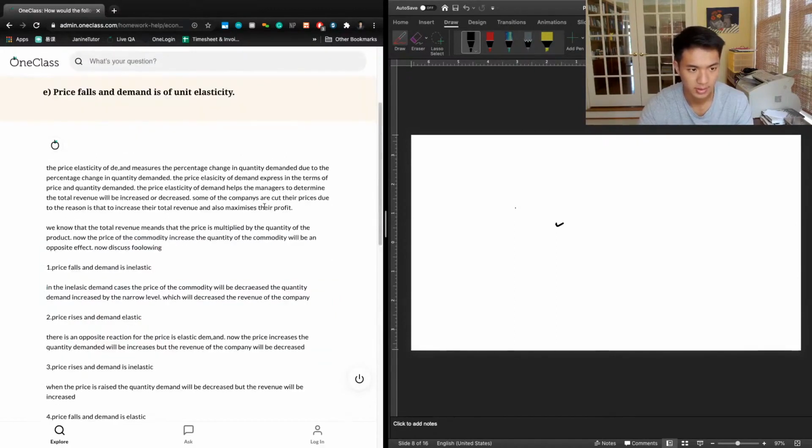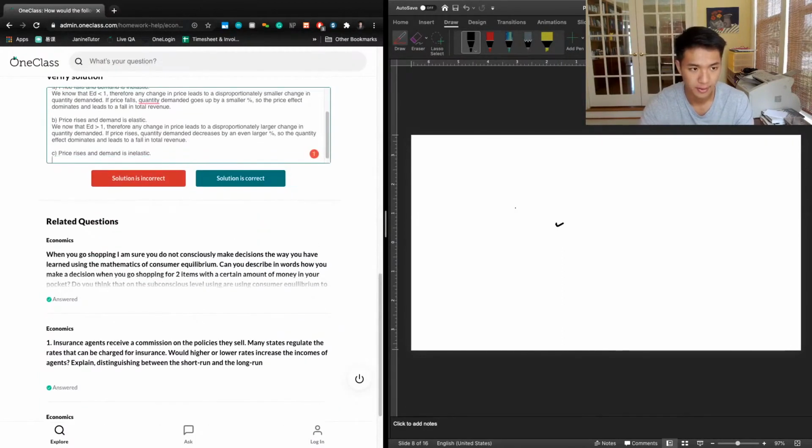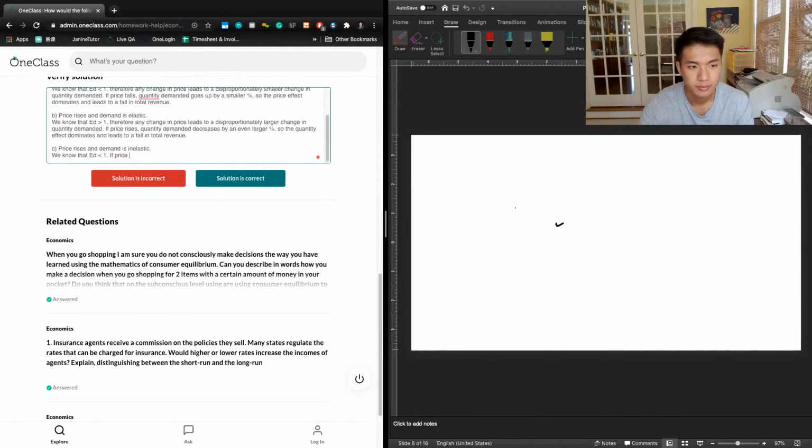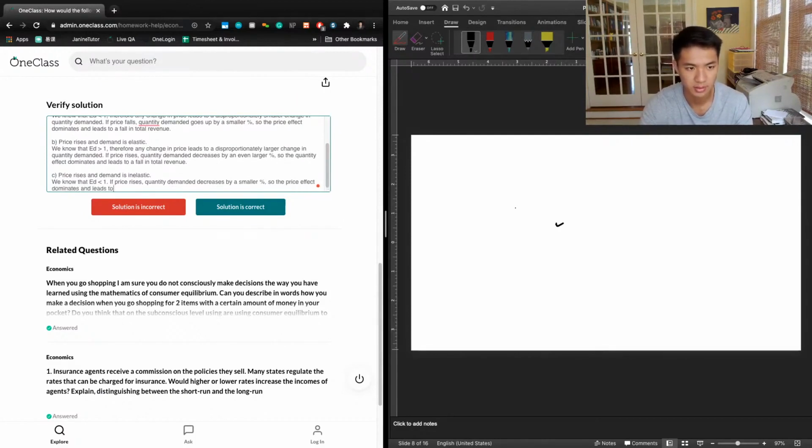C says price rises and demand is inelastic. We know that ED is less than 1. If price rises, quantity demanded decreases by a smaller percentage, so the price effect dominates and leads to an increase in total revenue.